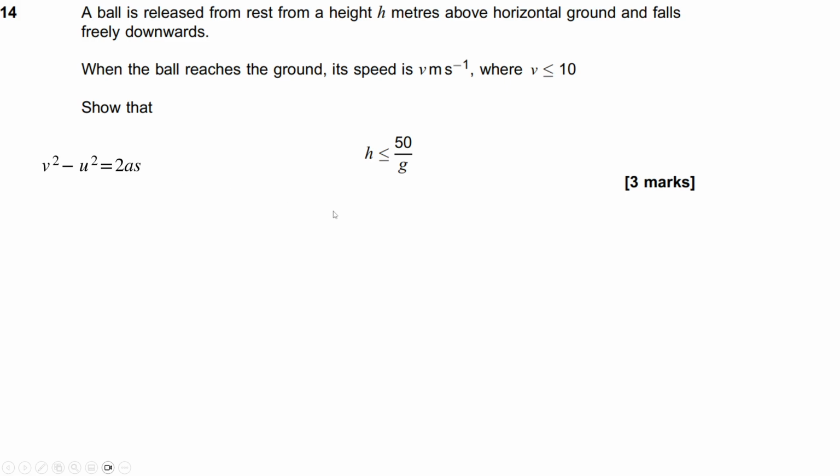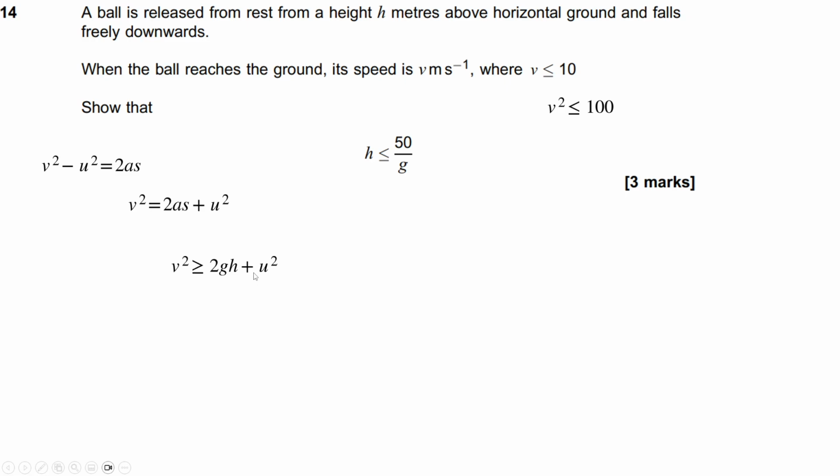You can start by writing down values that you know, but before we do that, we want a v squared and we've got v. If we square both sides, we get v squared is less than or equal to 100. Rearranging for v squared, we can put this inequality in.